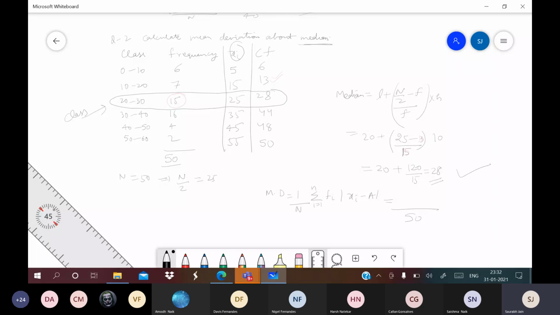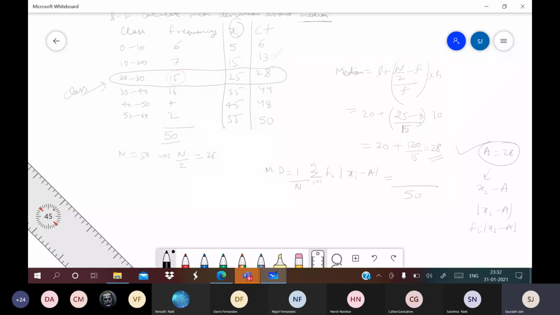Then we will take its modulus and then we will multiply by the frequency and add. We are doing this constantly, so nothing new. You have the value of a, 28. Now from here you find xi minus a, then modulus of xi minus a, and finally fi into modulus of xi minus a. When you get all these values, add them and put it here. That will be the final answer.